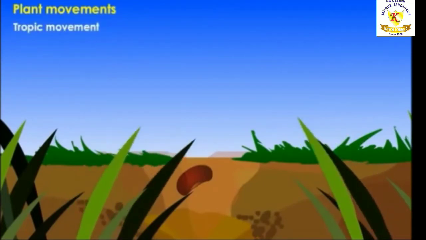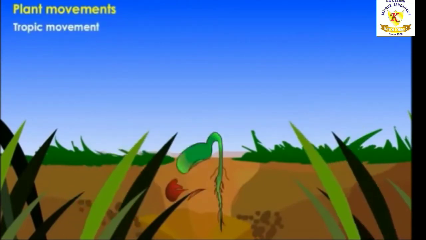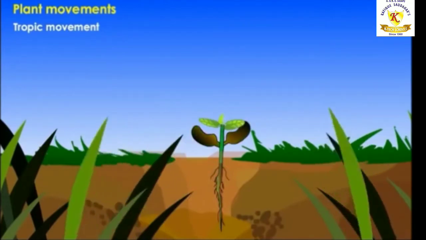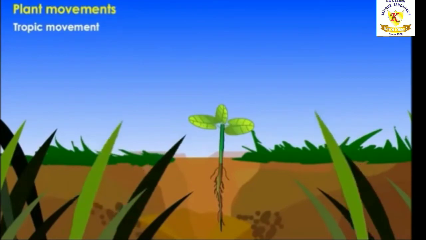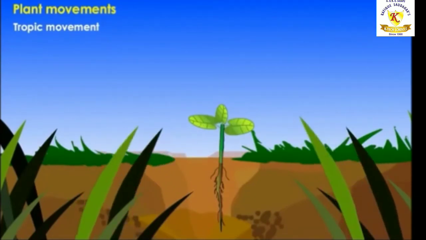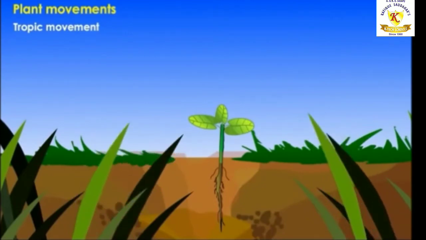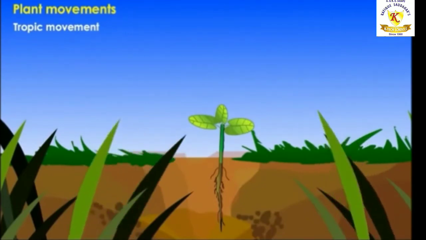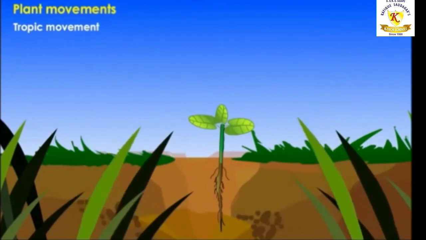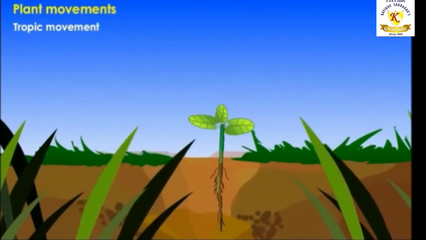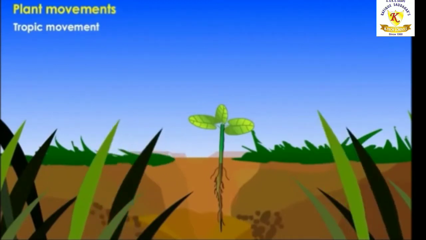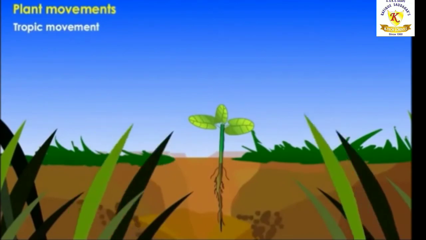Now, in tropic movement, it is the movement of the plant towards a stimulus. If the growth is towards the direction of the stimulus, the tropism is referred to as positive. If it is against the direction of the stimulus, it is referred to as negative.